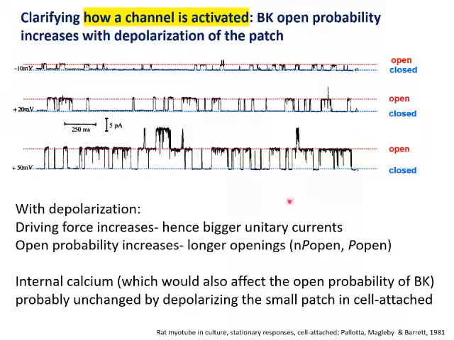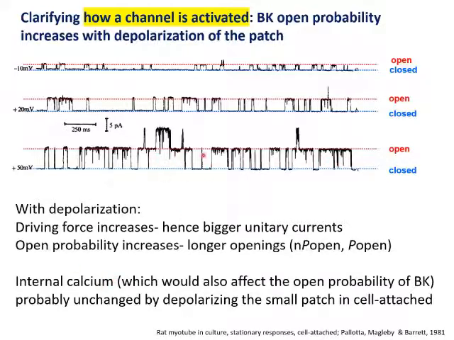This is a measurement that we call NP open, because we don't know how many channels are in the patch. Here there are at least 2, as you can see. But you can see very clearly that the open probability has increased as we depolarize the patch. Now, the question addressed here, in a 1981 paper, a pretty important paper, was whether the BK channel was activated by depolarization or primarily by changes in internal calcium.